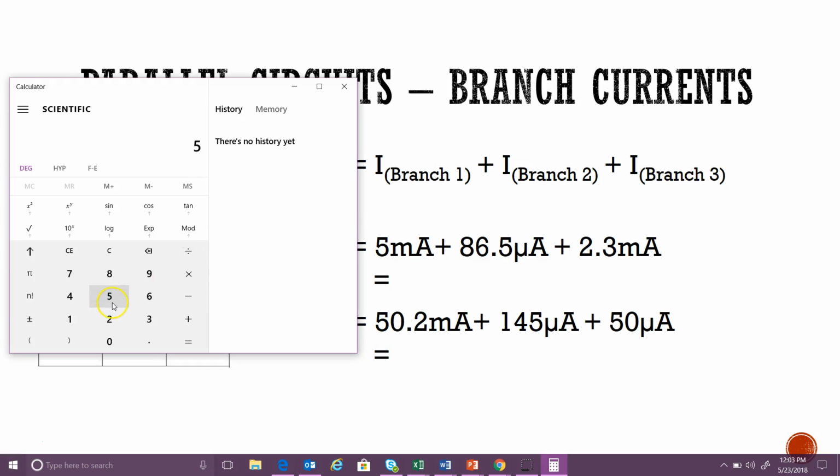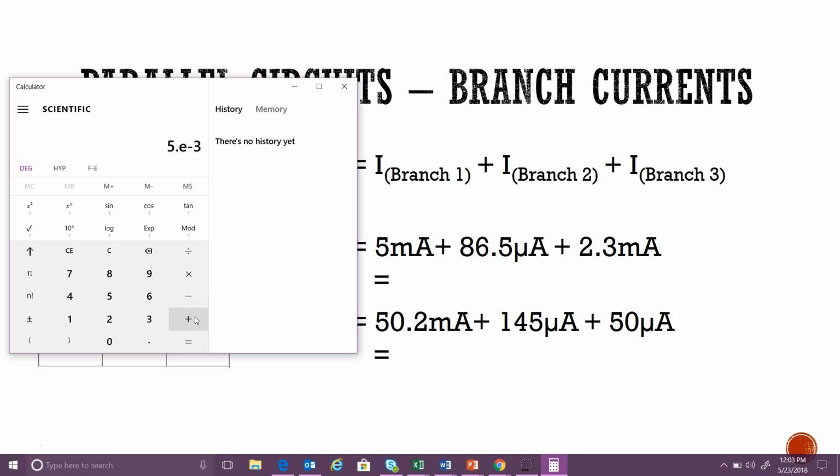Now it's important to pay attention to the units here, and if they don't all match, then we have to enter them correctly. So we have 5 milli, 5 EE3, plus 86.5 micro, which is EE negative 6. Oops, I didn't get my negative. Hang on one second. Let's go back. 5 EE negative 3.